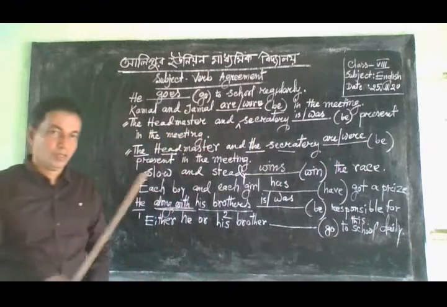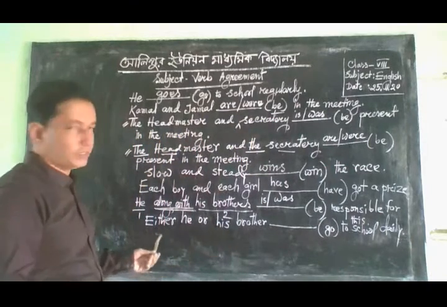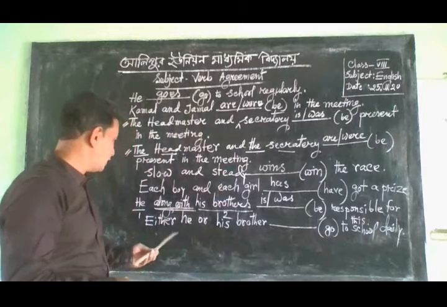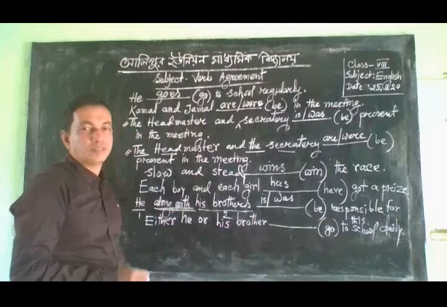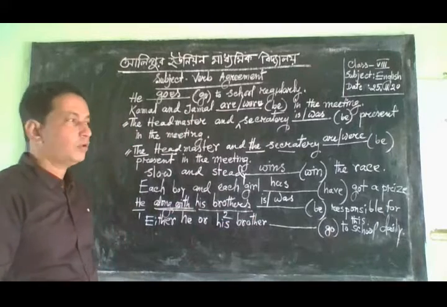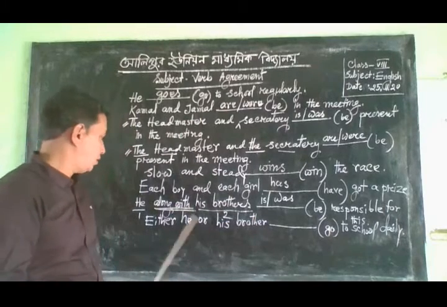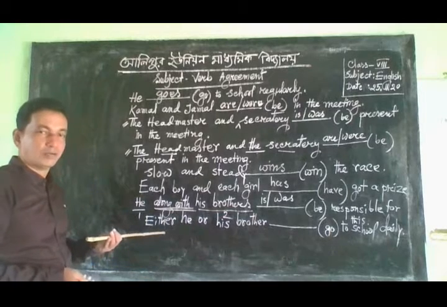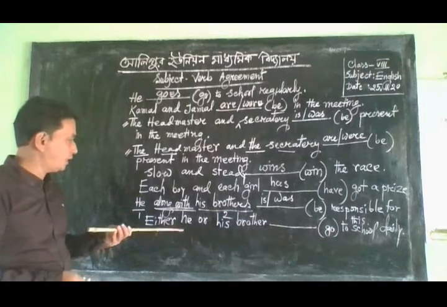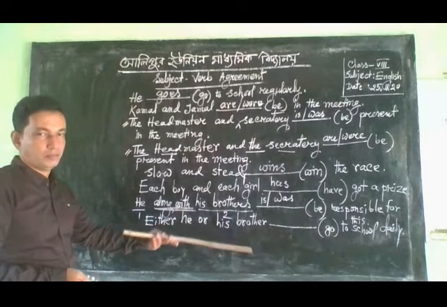Dear learners, I have written another example. Either he or his brother goes to school daily. This is another type of grammatical rule of subject-verb agreement. You must see that I have written either or. Either he or his brother.